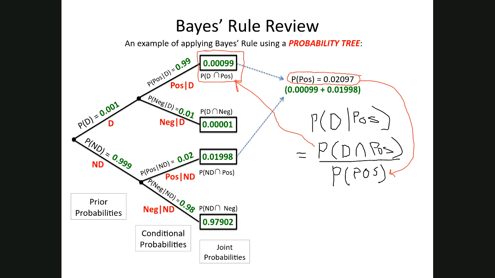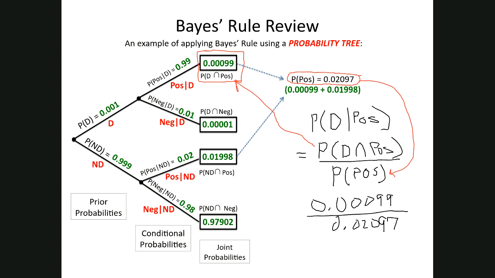So our final calculation is 0.00099 divided by 0.02097.